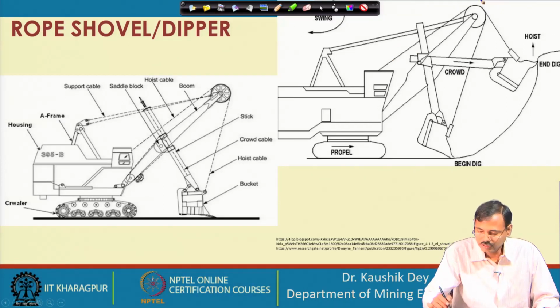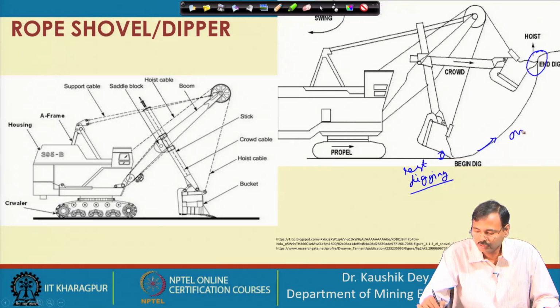So, you can say this is the beginning of the digging at this position, and these angles are being controlled for the best digging performance. These angles are controlled, and this is the excavation angle, and in no way is this portion allowed to overhang.